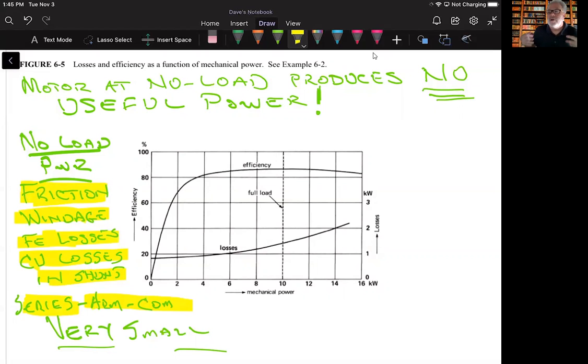There's no real significant current flowing in the armature until we connect a load to it. So as we load this machine, the current increases in the armature circuit, and the I-squared R losses in turn will also increase as the current increases in the armature circuit, and then in all other windings that are in series with it.